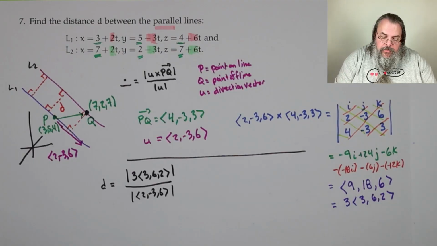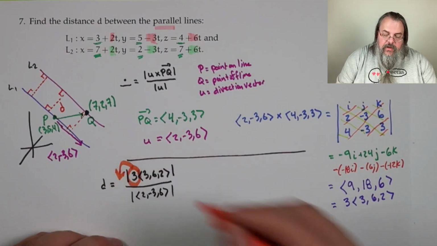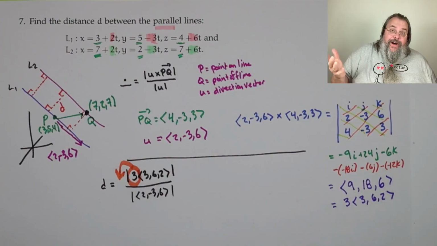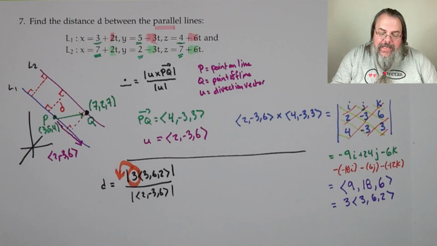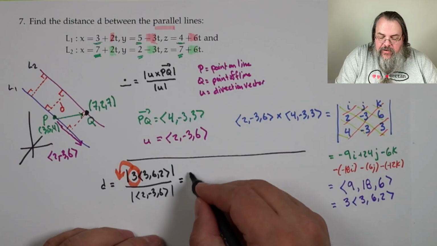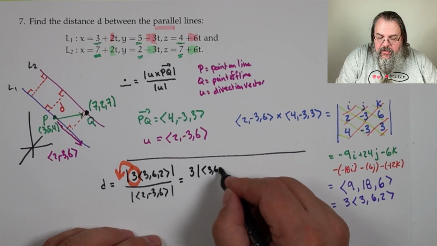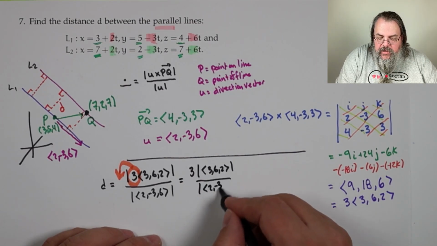This 3 can come out. So the scaling factor can come out. Now, it has to come out as a positive. So if it was a negative 3, it'd have to come out as positive 3. But still, it can come out. So we get 3 times the magnitude of 3, 6, 2, divided by the magnitude of 2, negative 3, 6.